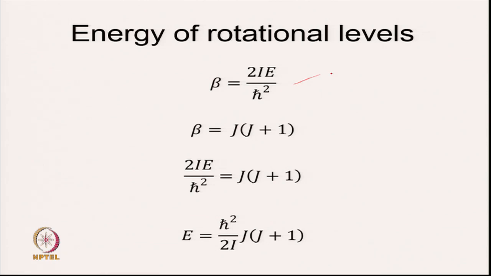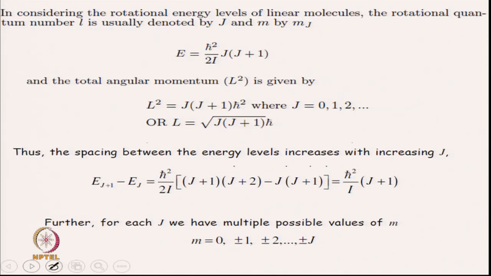One is beta is equal to 2 I E by h bar square, and beta is equal to j into j plus 1, and this is going to give you the value of E. Since both are beta, you can simply write 2 I E by h bar square is equal to j into j plus 1, and that will help you in calculating the value of E. So, this is the energy of the different rotational levels, and since j can take integer values only, the energies of rotational levels are quantized. So, energy is given by h bar square by 2 I into j into j plus 1.